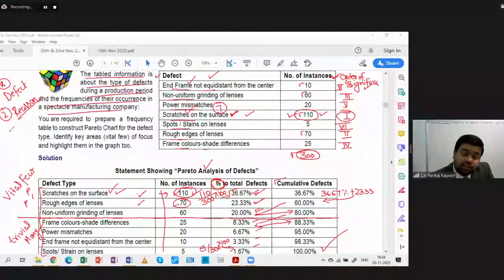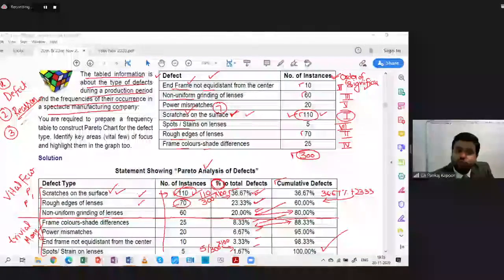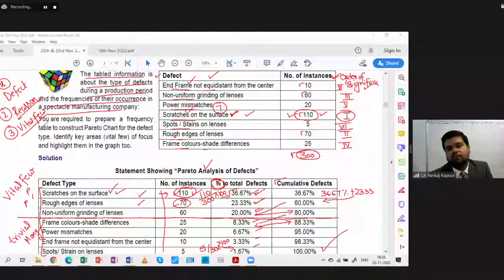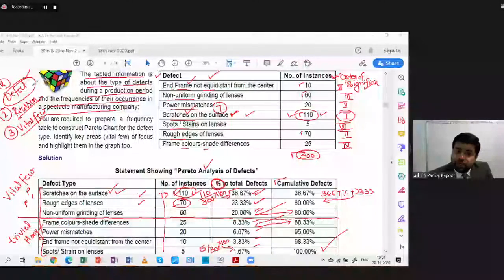Then we think, should we focus on all the reasons? No, we can't focus on all the reasons because resources are scarce. Then you look for the vital few on which we must focus first. Agreed? So the problem of the defect or the wastage is a bigger problem. With the help of the Pareto analysis, we break down the problem.